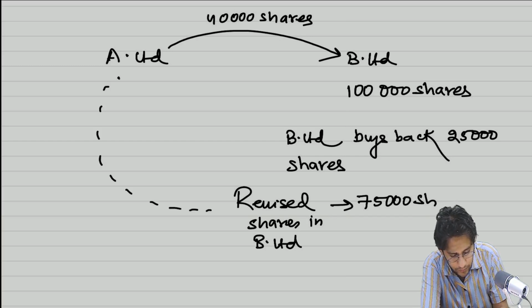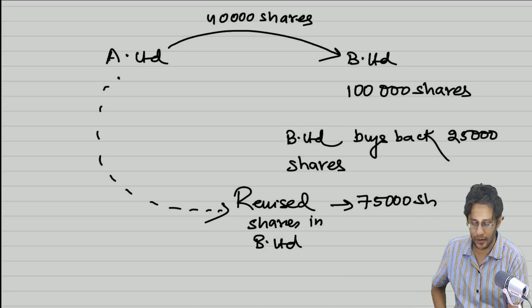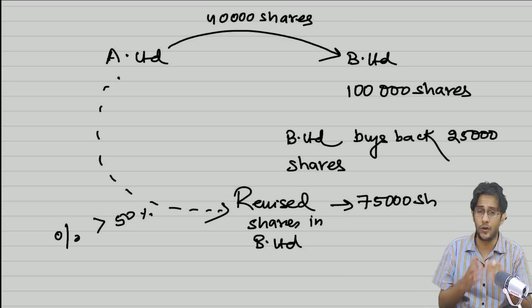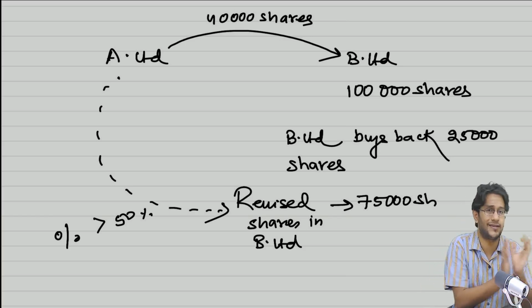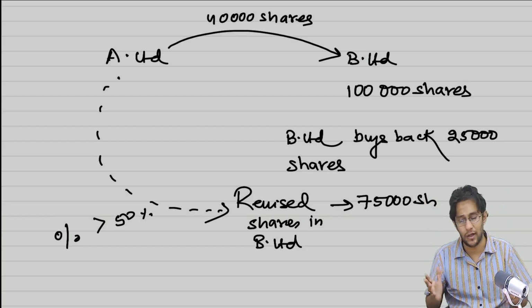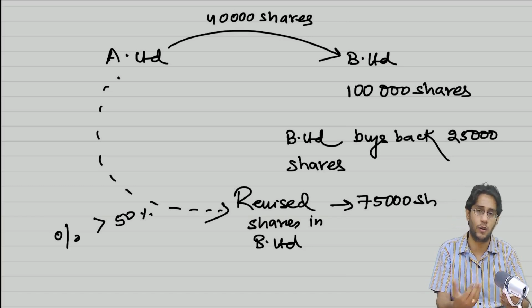If you see now, your A Limited percentage of holding is now more than 50%. Because total 75,000, you did not offer your shares under buyback. So 40 divided by 75, you are definitely majority. Suddenly you observe you are having control over B Limited.